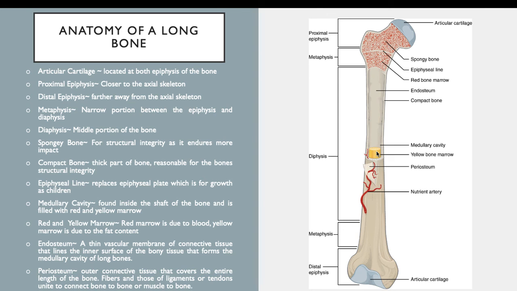And then we have the endosteum, which is a thin vascular membrane of connective tissue that lines the inner surface of the bone tissue that forms the medullary cavity of the long bone, sorry. And then we have the periosteum, which is the outer connective tissue that covers the entire length of the bone, and fibers of ligaments or tendons unite to connect bone to bone or muscle to bone, as you can see just right here.